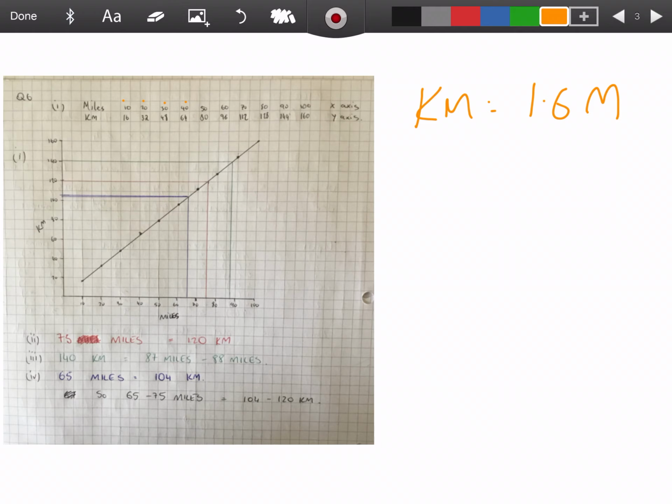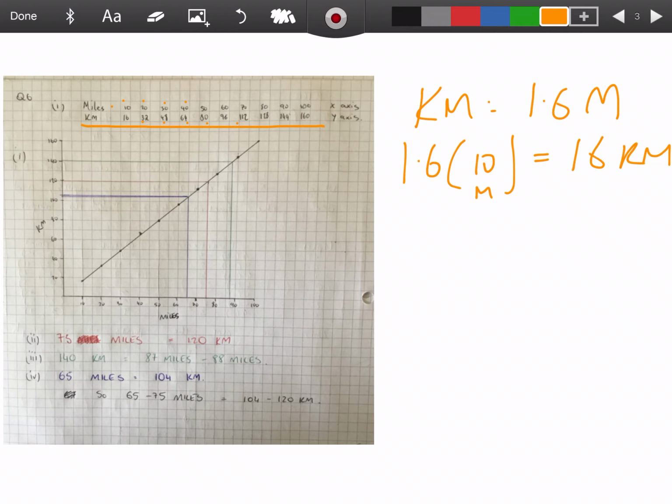So to get all of the kilometer values that I have done there, all you had to do was take your miles values and multiply them by 1.6. So 1.6 times 10 gives you 16. So I can see that 10 miles is equal to 16 kilometers. And I did the same for every step along the way. Just multiply each of the miles values by 1.6 and it gave you the kilometer values.